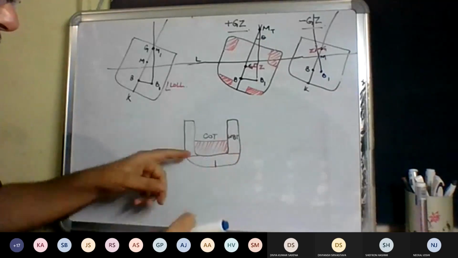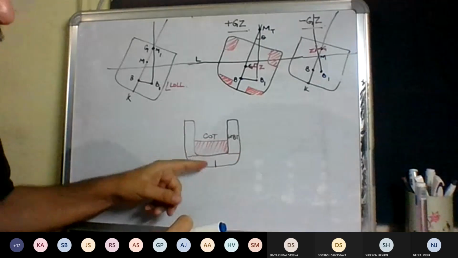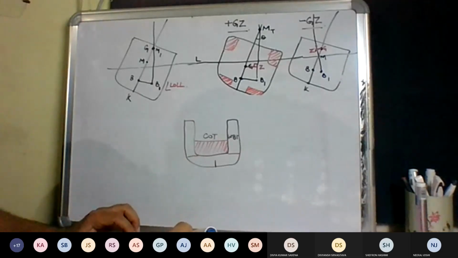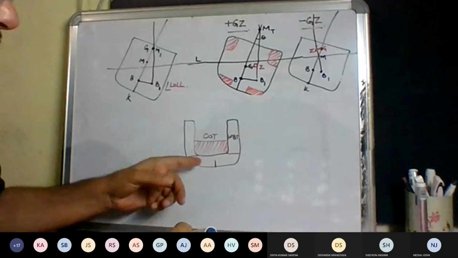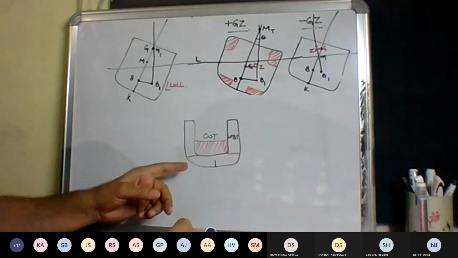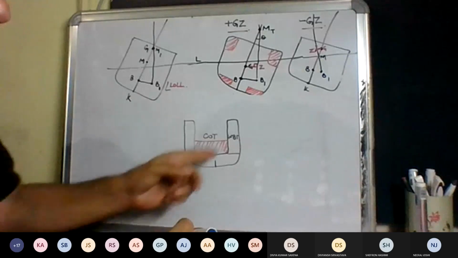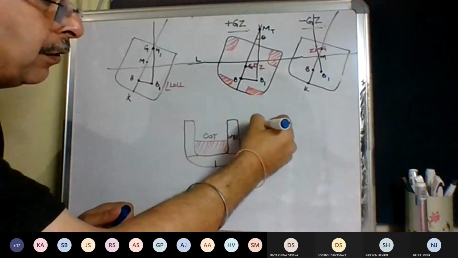This caused maximum free surface, and therefore these vessels also went to an angle of loll. This was called the U-tube effect.